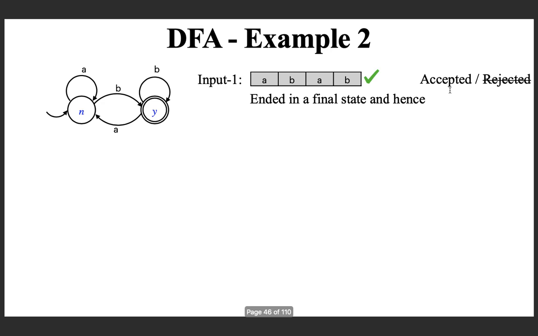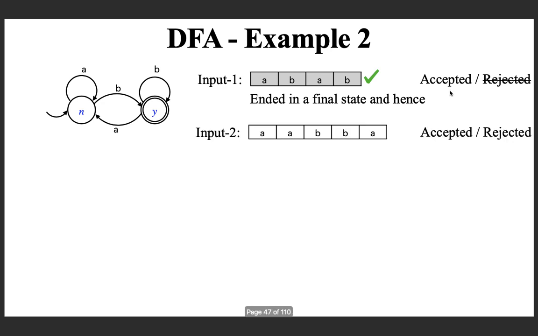Look at one more string. Suppose you are given this input string. Start from the first state. You are reading A. A is this transition. Next is again A, so you take that transition again. 2 A's are processed. What is next? Next is this B. This is the transition you take, coming here.